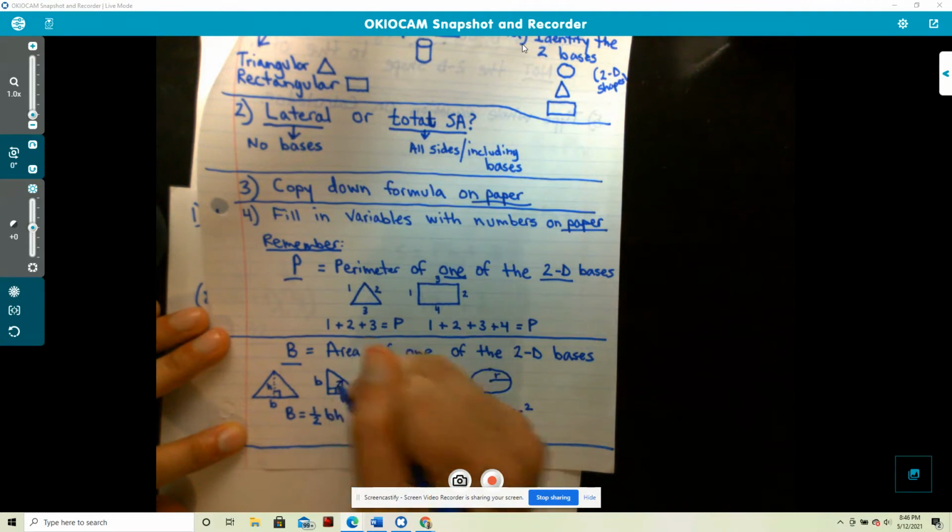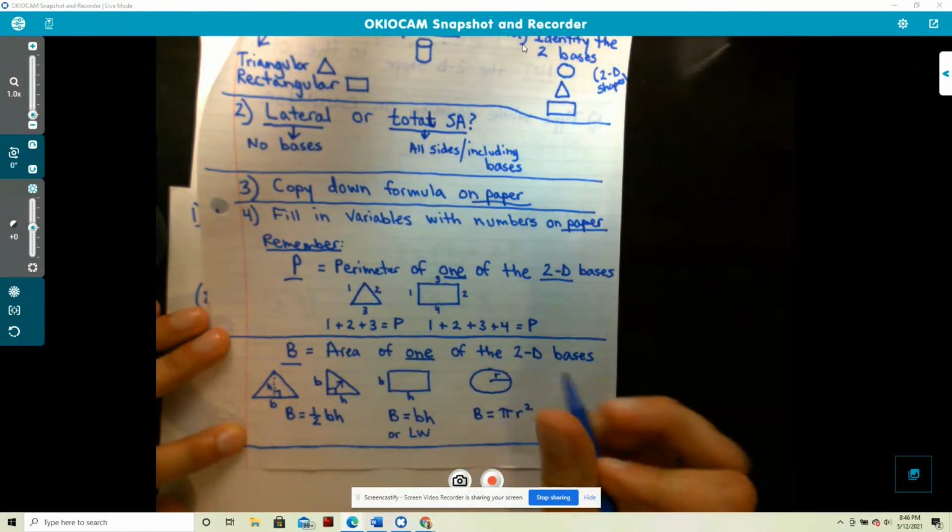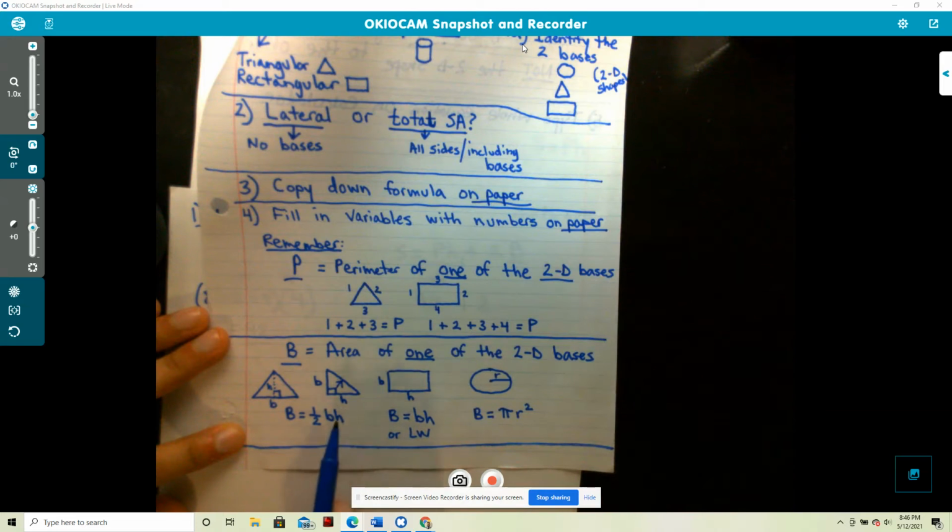Remember the hypotenuse is always the longest line that's opposite from the 90-degree angle. You don't use the hypotenuse as the base and height. The base and height you always use the two legs. So it's the two sides that form the 90-degree angle. So that would be your height, that would be your base. Doesn't matter what order you put them in because you're multiplying them together anyway.